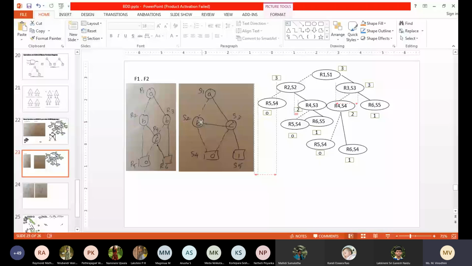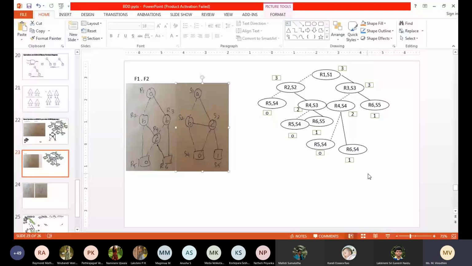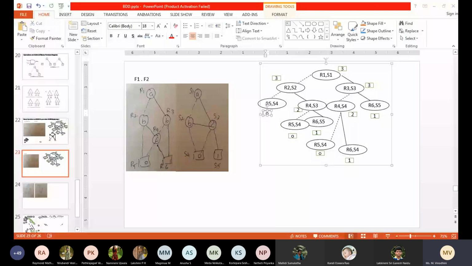What will be the value here if it is F1 dot F2? Jaswant, can you answer? R5 S4, what will be the value?